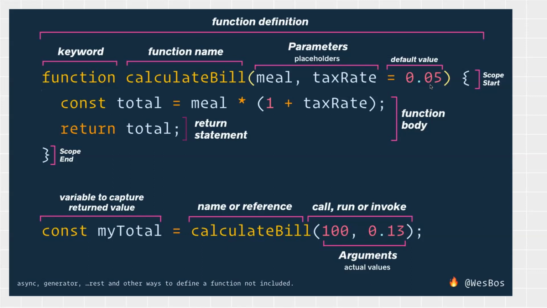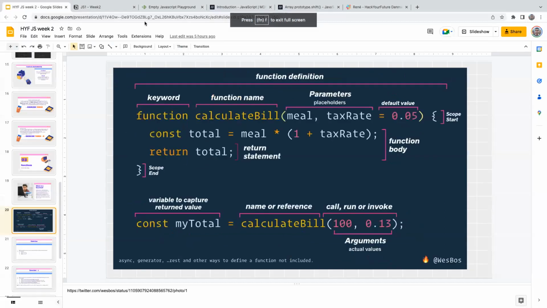That means it's an optional parameter with a default value. If the user doesn't provide it, I will make it 0.05. If the user provides it, I will use what the user provided. But if I don't do this, then it is required or mandatory. So the user must give it to me, otherwise my function will not work. And okay, let's try to have an example.